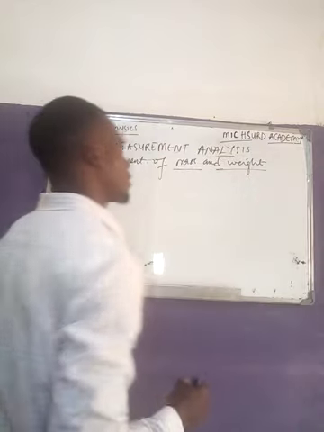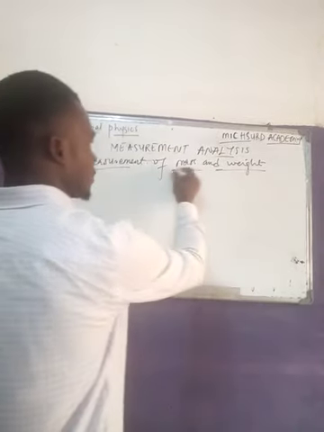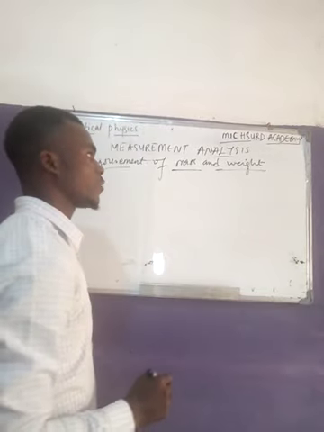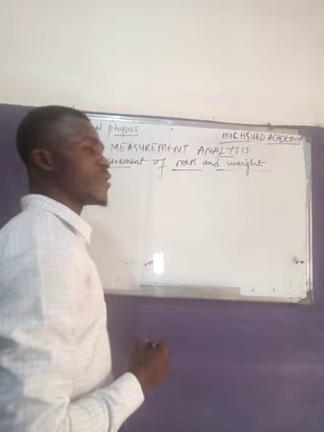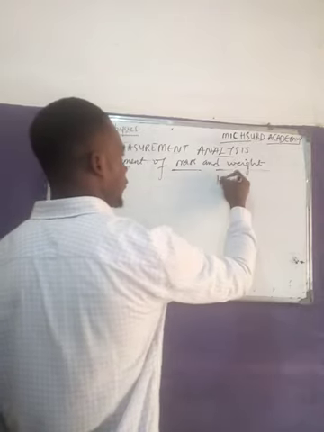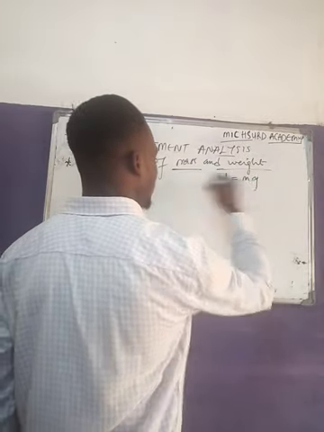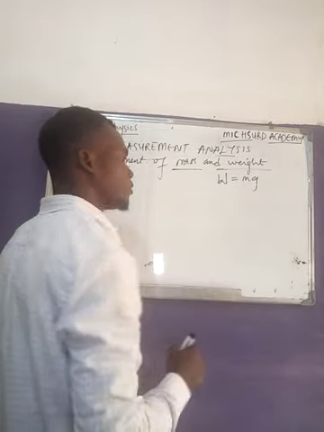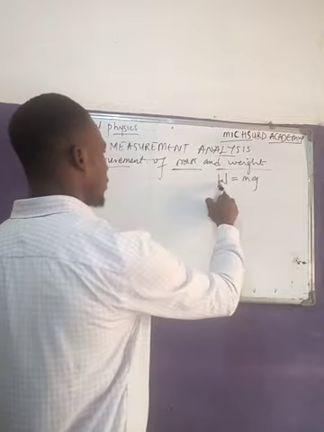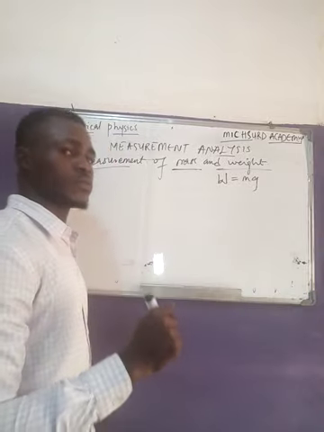Mass is a fundamental quantity. Weight is a derived quantity. Weight is normally given as mg, which is mass times acceleration due to gravity. So most times we call this weight the force due to gravity.